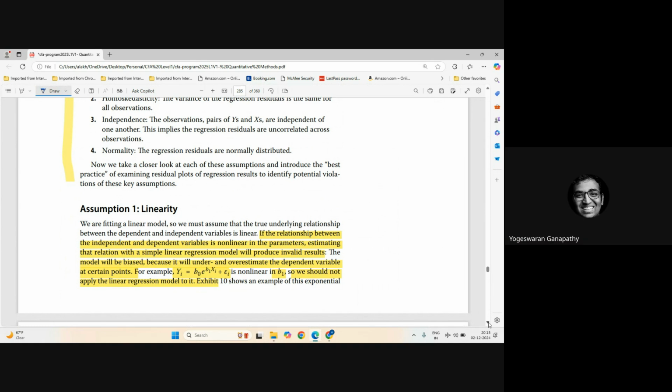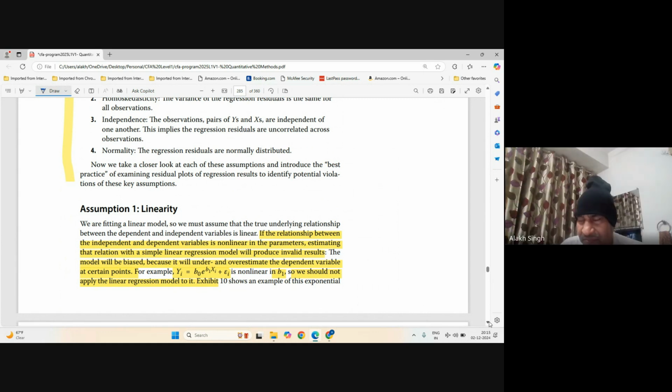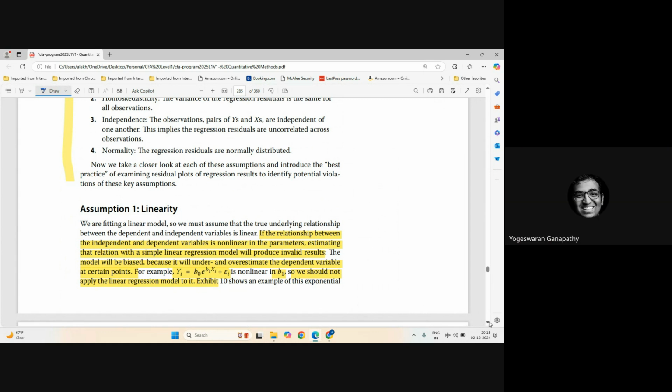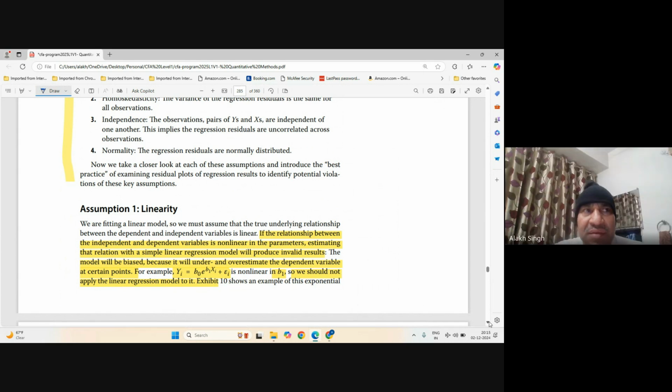Sir, if there are large spikes away from the mean. Yes, large spikes away from the mean, meaning there will be five positives, or overestimation, followed by four negatives, or underestimation. Or at the bottom all are overestimation and at the top all are underestimation.